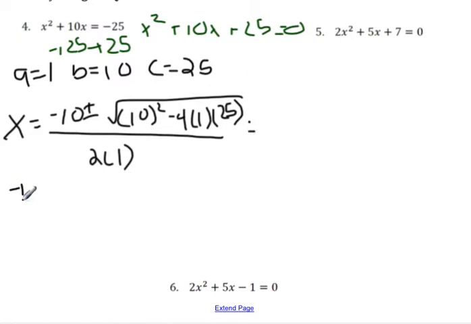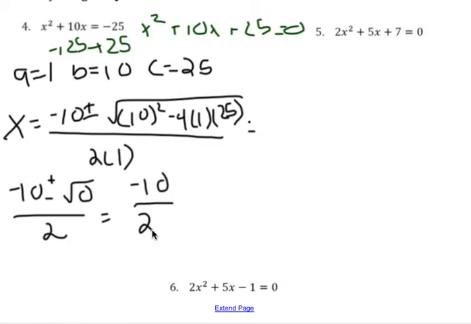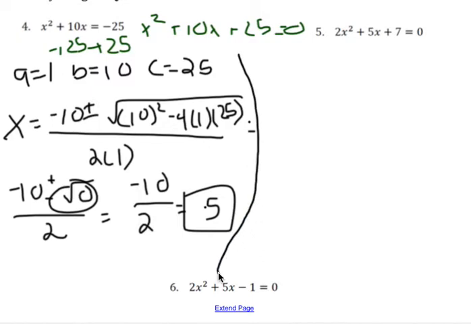Then I'm going to get negative 10 plus or minus the square root of 0, divided by 2. The square root of 0 is just 0, so this becomes negative 10 divided by 2, which is just negative 5. Since my radical was 0, I only end up having one solution on this one.